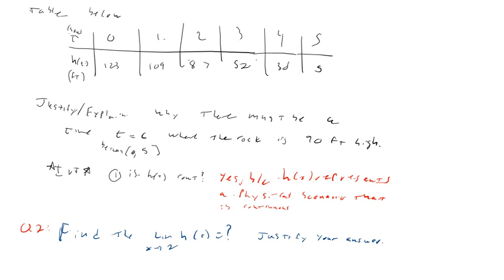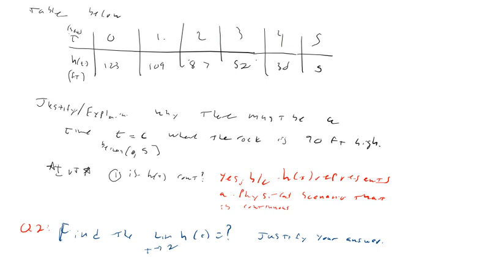If you had to guess, everybody, what do you think the answer is? What number do you think the limit's going to equal? Look at the table. What number are we going to equal as t approaches 2?